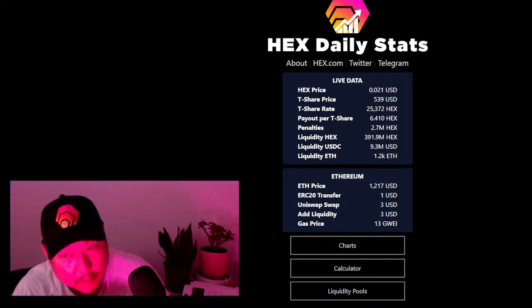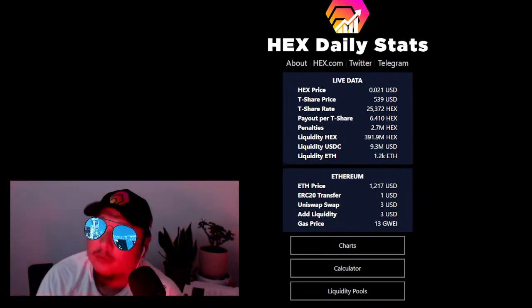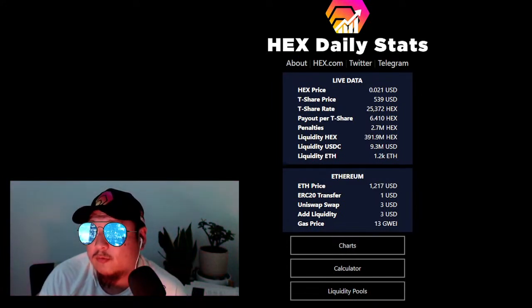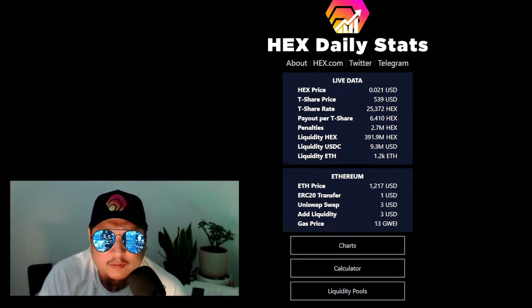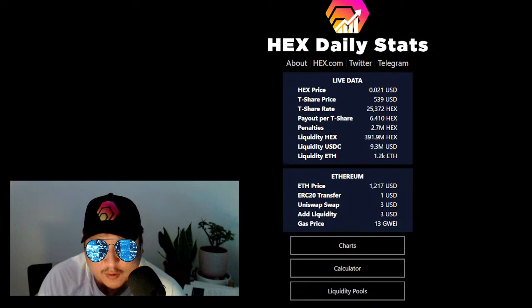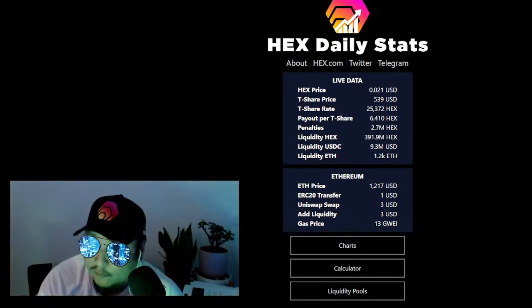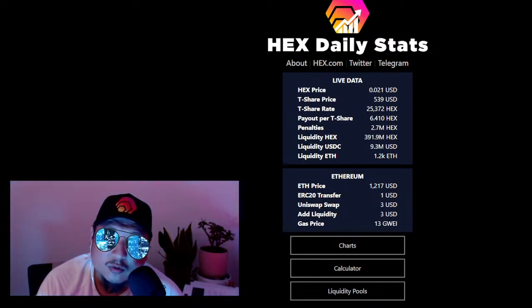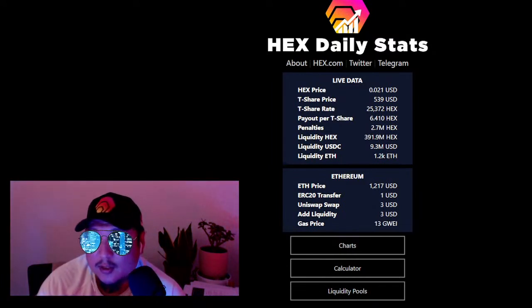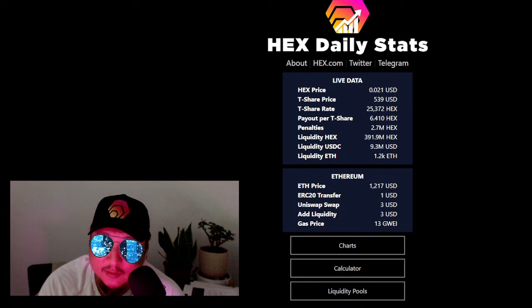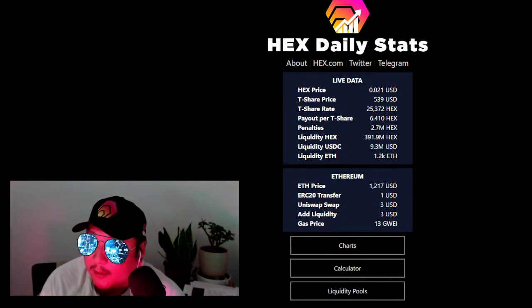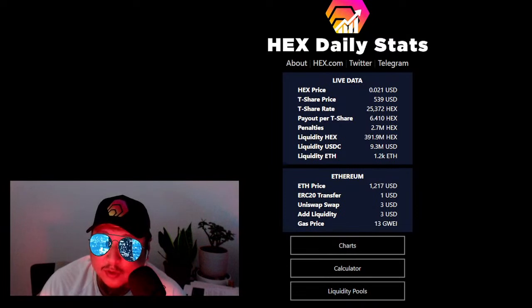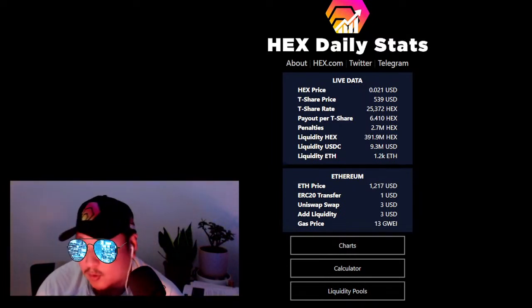Ethereum's okay, but it's just not feasible to run a very, very complex system on top of it with no fees, as we can see with HEX and the ladders that have been set up and the amount of stakes in the system, the amount of calculations required every day to calculate the penalties, also do the sweep to make sure no other stakes have slipped through the gap, and being able to create the same amount of T-shares for a lesser amount of HEX than previously.